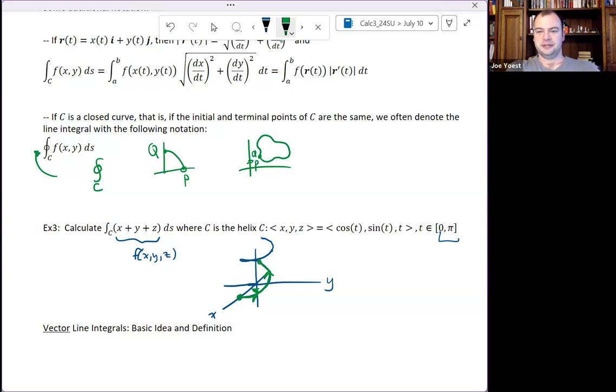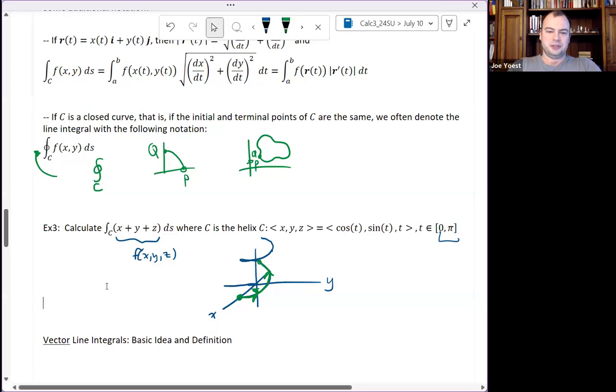But I do have this curve. It's still a 1-dimensional curve, right? If I'm standing on the curve, I can only go forwards or backwards. I can't go left or right or up or down. I can't move off of the curve. It's still a 1-dimensional structure, so our basic ideas are still the same.